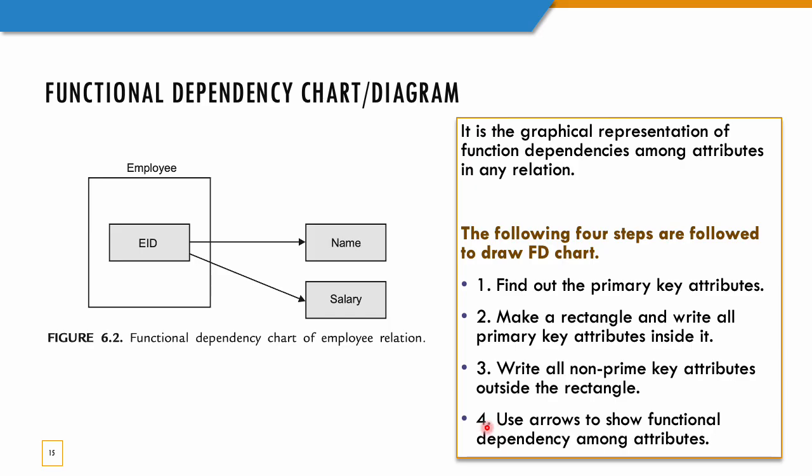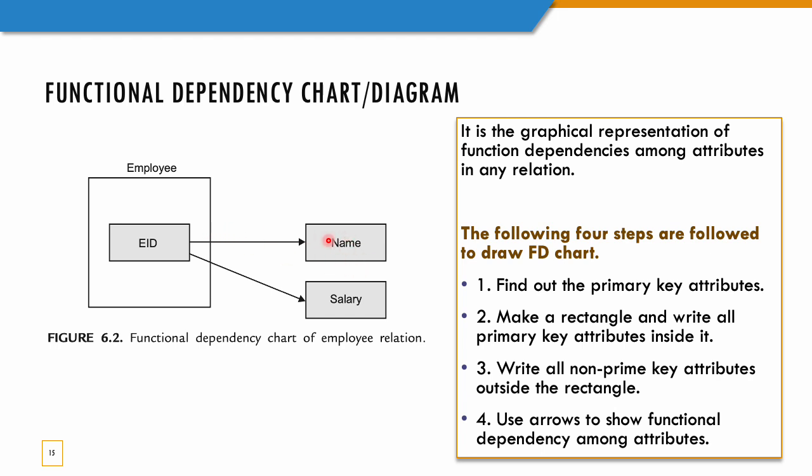The last step is to indicate functional dependency with arrows. We use arrows to represent the functional dependency, drawn from the determining attributes, inside or outside the rectangle, to the dependent attributes.